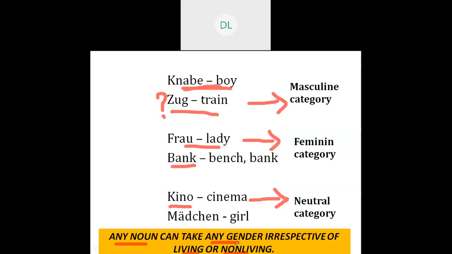Any noun can be masculine, feminine, or neutral, and we cannot say, how come it is possible, that it is living, non-living, and all. I can't say Zug is non-living, how can it come into the masculine one. On the same ground, Bank, how can it be feminine, or Mädchen, the last one at the bottom, the girl, how can it go into the neutral category. No, the German article system is different from English. Please mark my words.